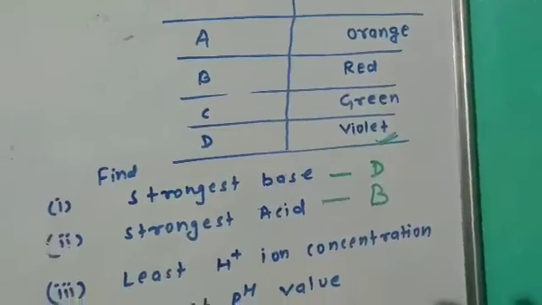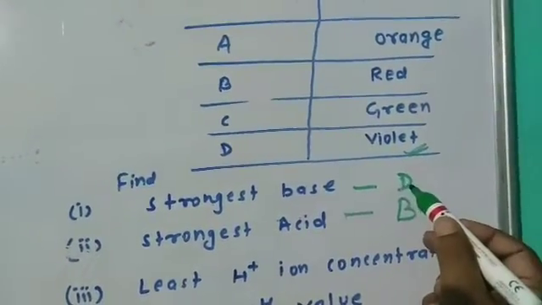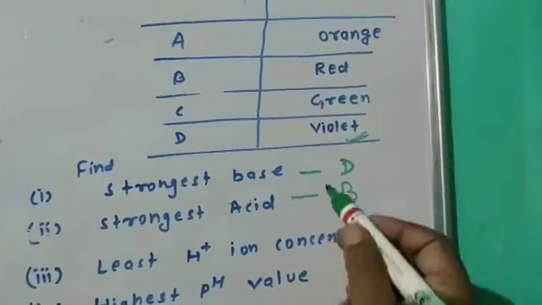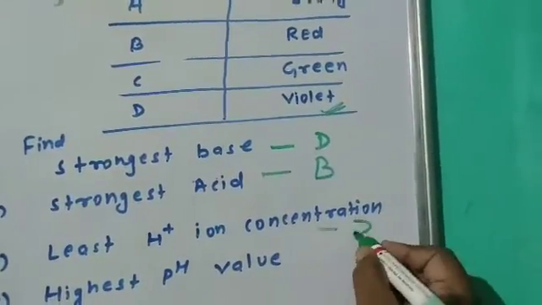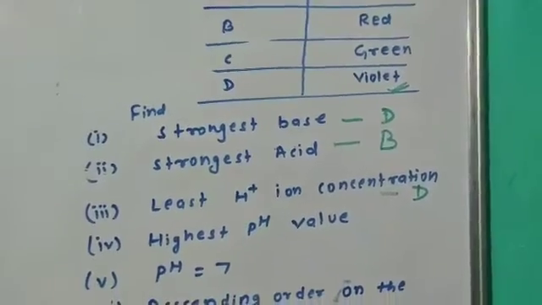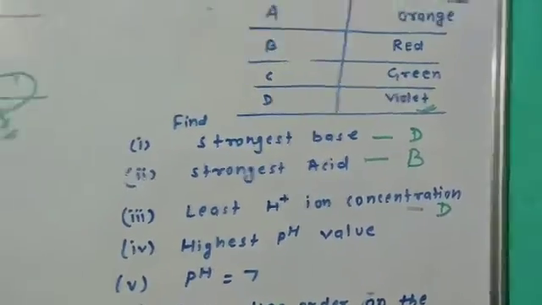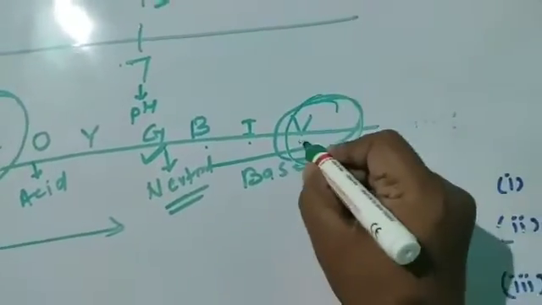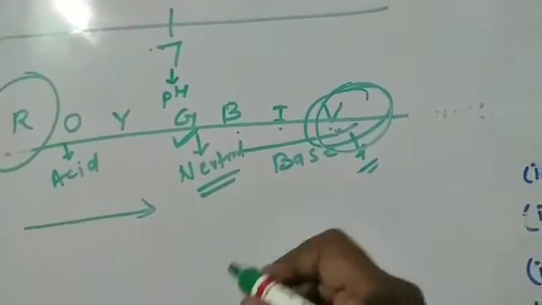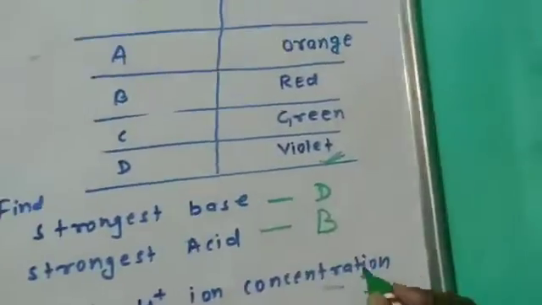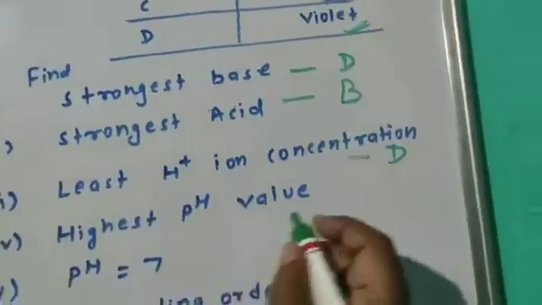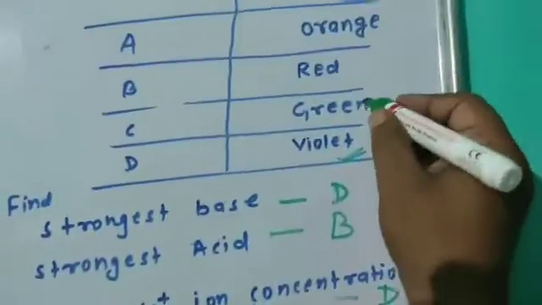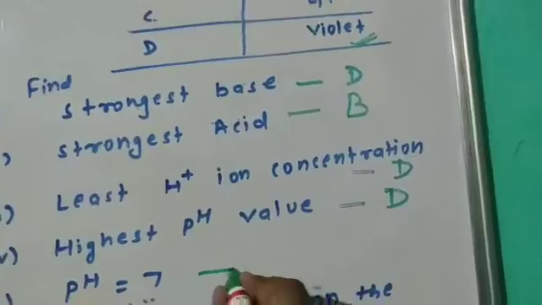Since the strongest base is D, it has the highest pH value, therefore the least H plus ion concentration would be in D. Highest pH value: if a substance has violet color, then it will have the highest pH value. So the highest pH value is for D. pH 7 means green color, that is C.